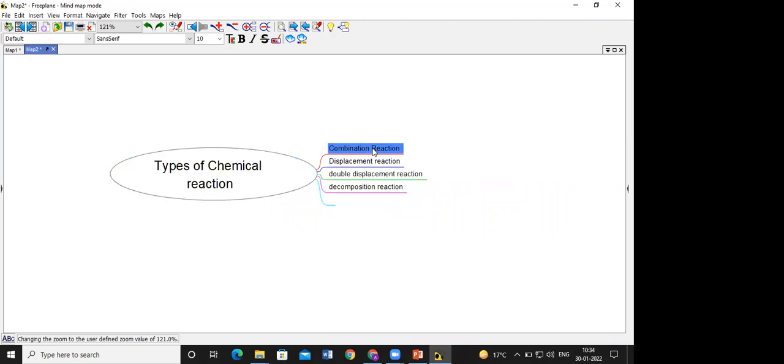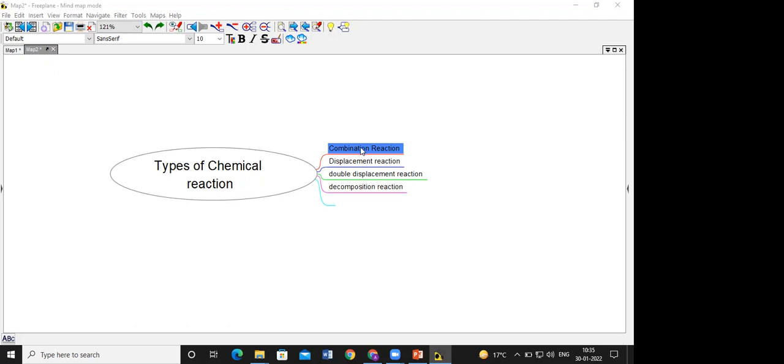Suppose I want to insert a video, I can insert a video on this particular node. Suppose I want to insert a definition, I can insert a definition. So this whole page can be used as a teaching learning resource. And this is FreePlane. You can create all your lesson plans over this, so you can use it in teaching and learning.